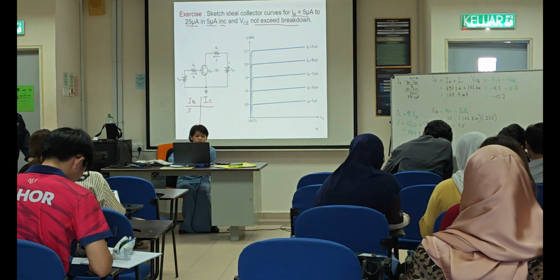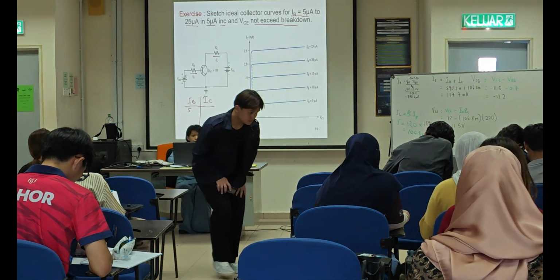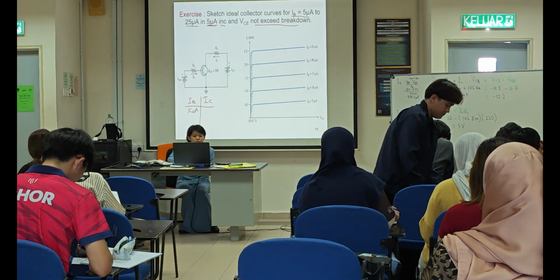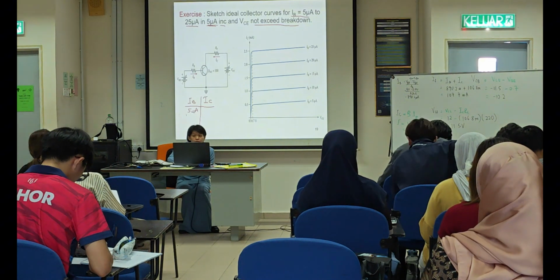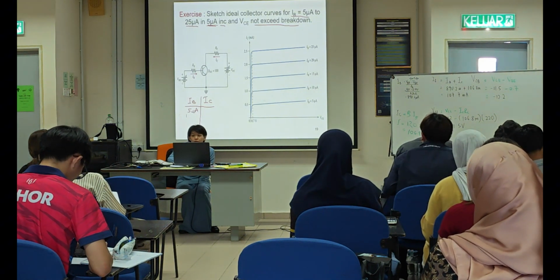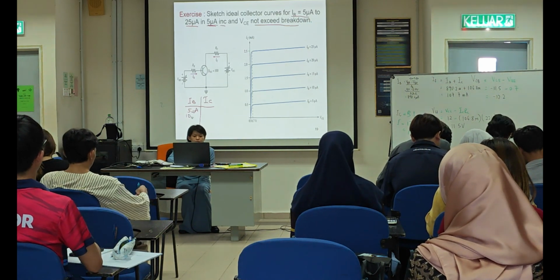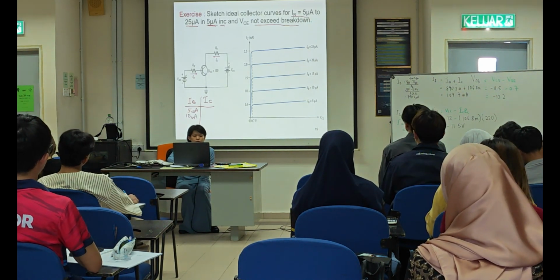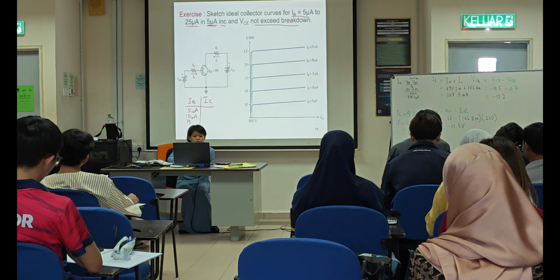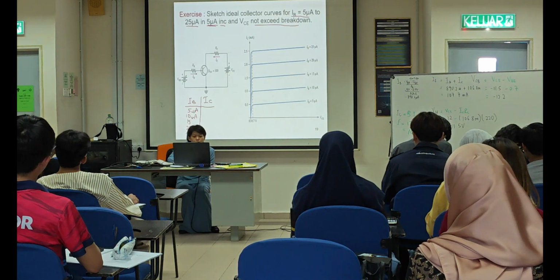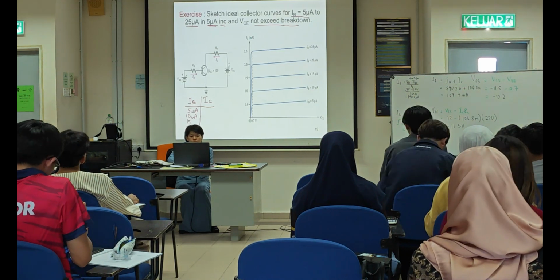Increase until 25, so you increase every 5. 5 plus 5 you get 10, and then 10 plus 5 you get 15, and then 20, and then 25. The unit is milliampere here, all the same.